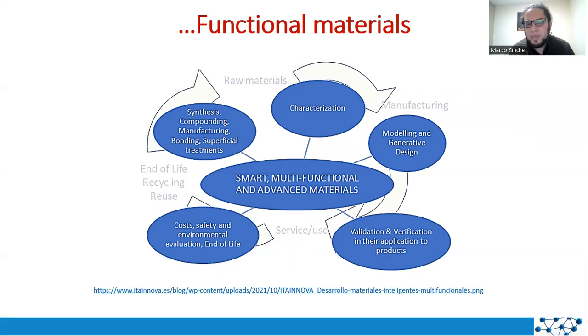Otherwise, it won't make sense to start testing it in a specific use if it is not appropriate for that. Also, it is important to take into account things like the cost and the environmental evaluation. Since, for example, even though a material has many good properties for a specific use, if it is too expensive, it will just not be taken into account by the industry.